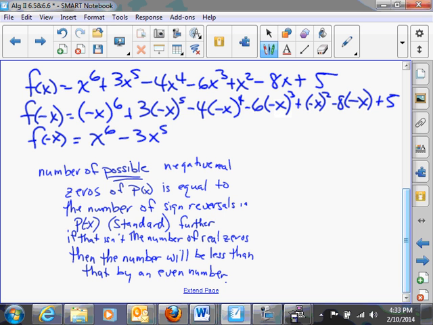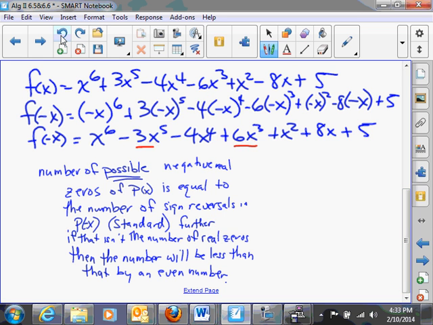Now, the opposite of x to the 4th is just x to the 4th, so we have negative 4x to the 4th, but we get plus 6x cubed plus x squared plus 8x plus 5. Now look at this for just a minute. Notice what happened was the signs changed on all the terms that had odd exponents on the x. The terms that had even exponents, when you put the opposite of x in, it doesn't really change it.